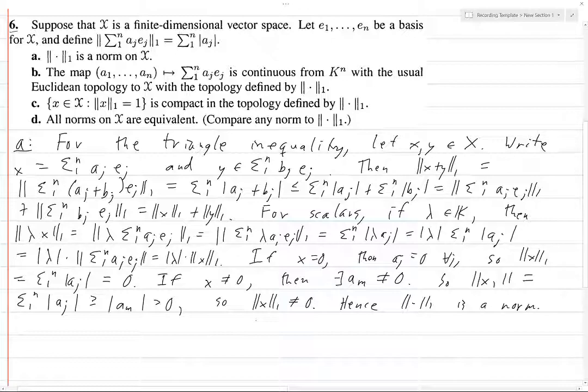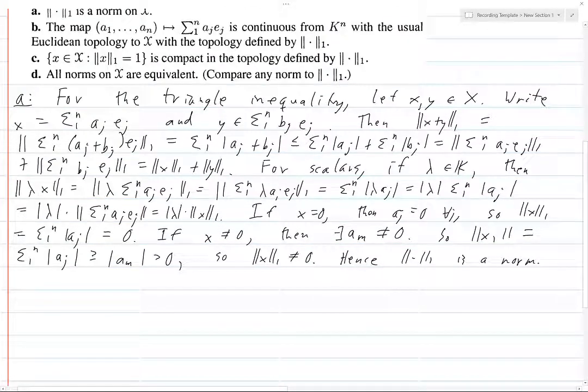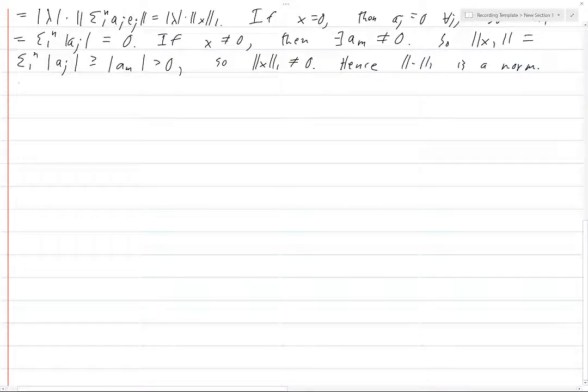Okay, and now we want to prove part B. So I'm going to scroll down a little bit, and hopefully we remember what part B is. So we want to prove that this map is continuous, where we take something in K^n and put it in this space X. So let's do that.